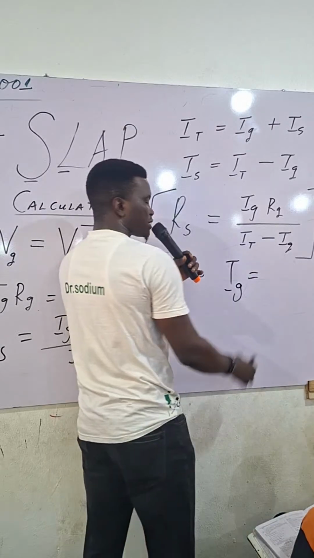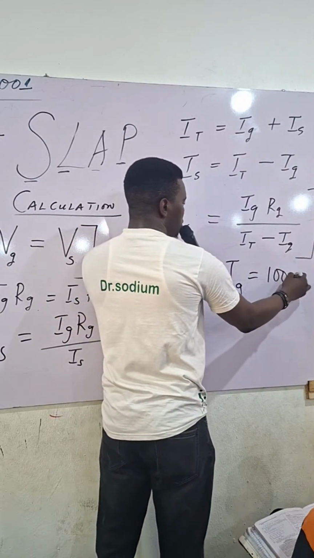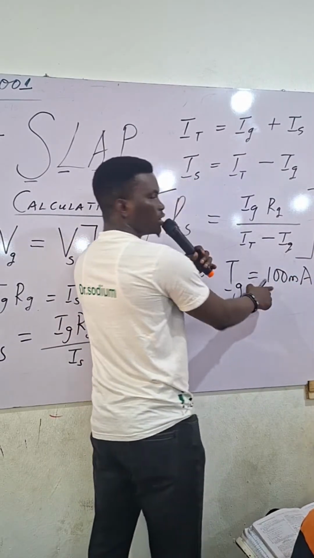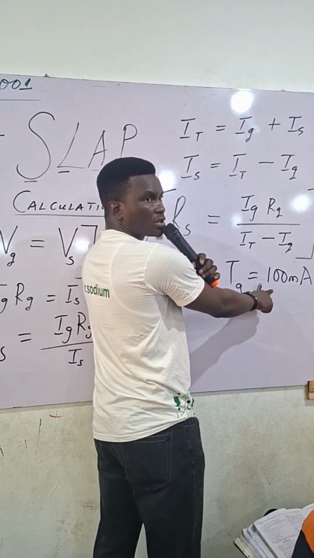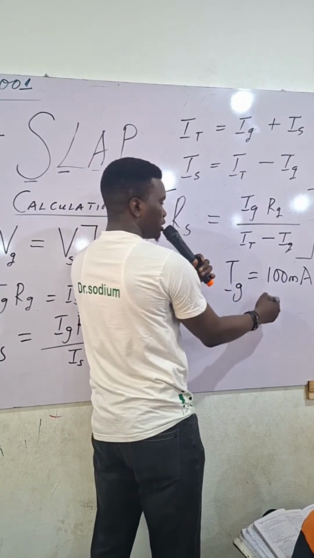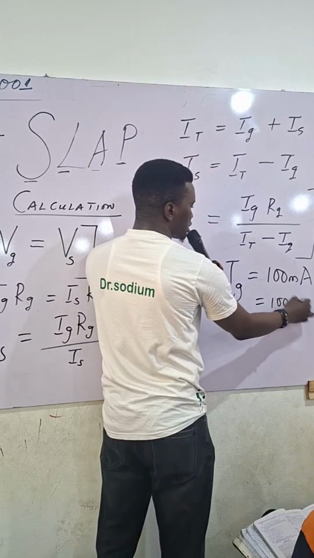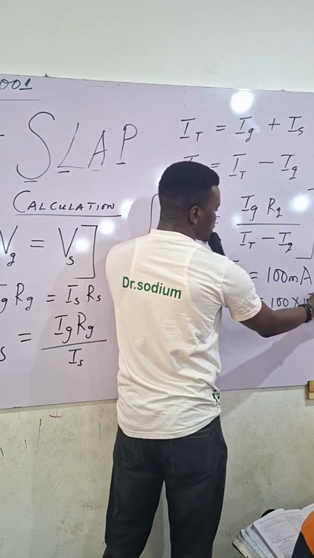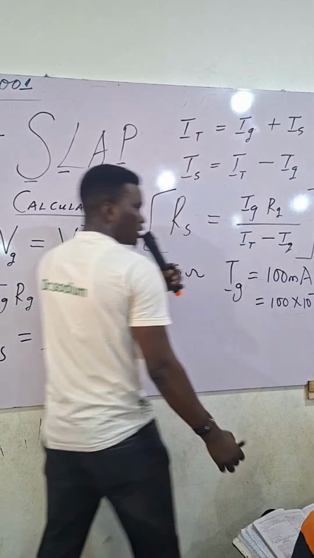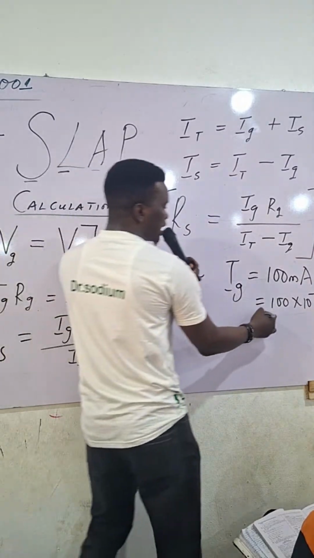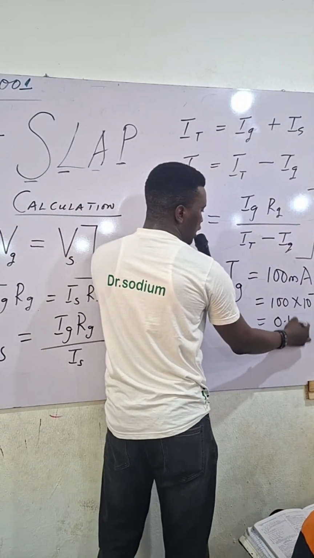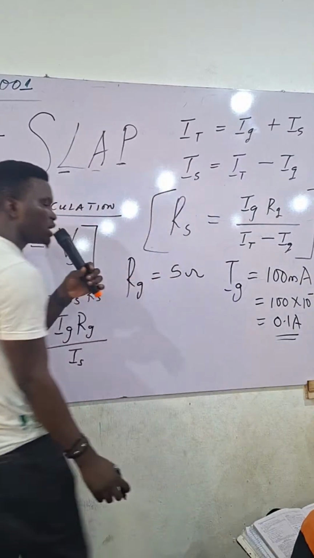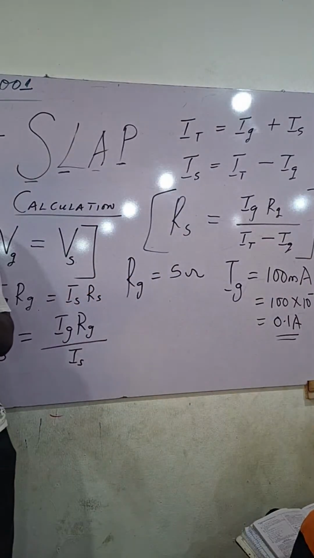What's the current? 100 milliampere. Now 100 milliampere, you have to convert it to ampere. That's going to be 100 times 10⁻³ ampere. That's the conversion. That's still like saying 0.1 ampere. That's the Ig. Is that taken?